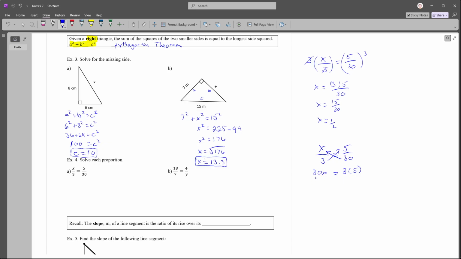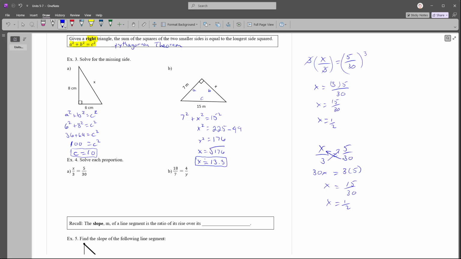Now I can isolate by bringing that 30 over to the other side, and it's 15 over 30, and x is equal to 1/2. In this small, simple version of the problem, I didn't really save anything, but in more complicated versions, you may find that it saves you a couple steps and makes the math a little bit simpler. So this is what we call cross-multiplying.